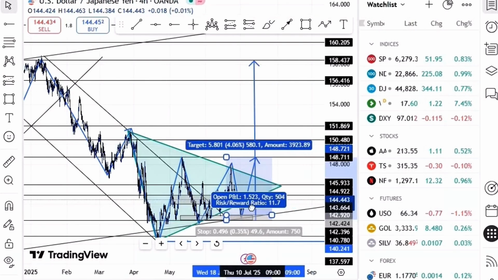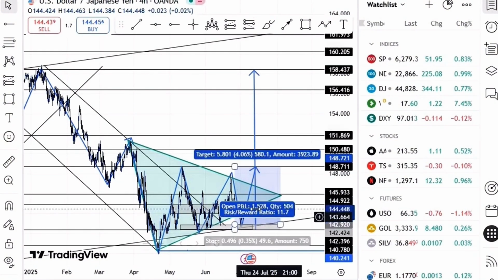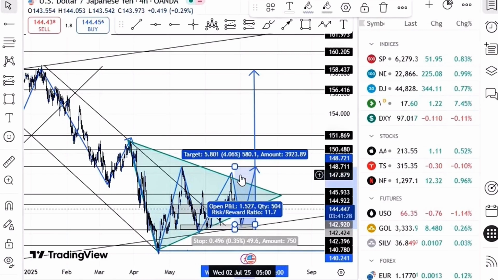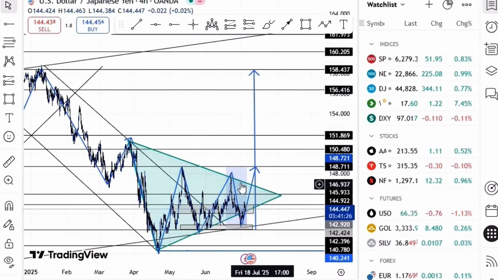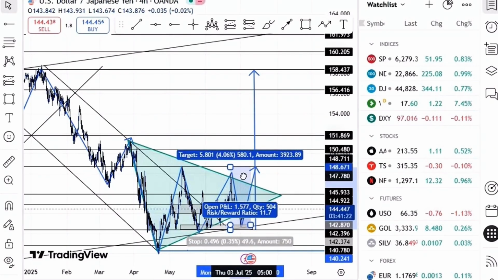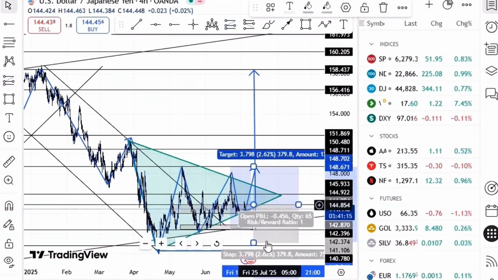Let me just put it here. Anyway, it's fine, because the market will respect that setup. So looking at this, let me put it this side, right? Put it here at this point, and then put this one at this zone here.